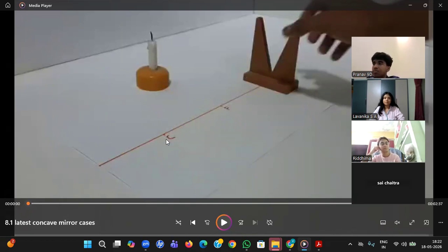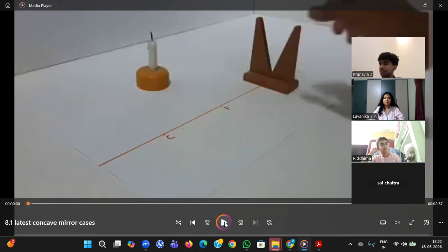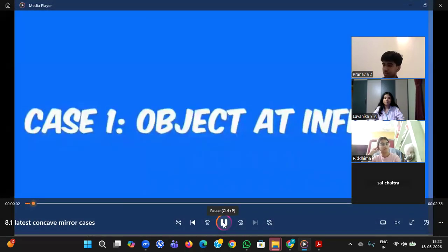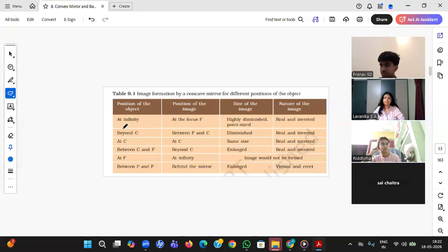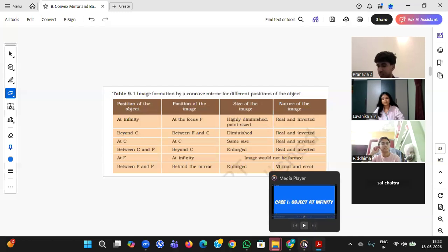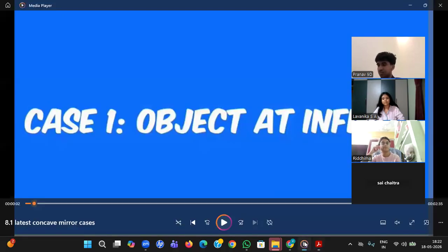On the principal axis, there is the center of curvature, there is the focus, and exactly below this V stand there is the pole. Now what is the object? This candle is the object. So now, students, what will I do? Case number 1. What is case number 1? Object is at infinity. Infinity doesn't mean the mirror is here and the object is in Dubai. It doesn't mean that. It means it's only somewhat very far.